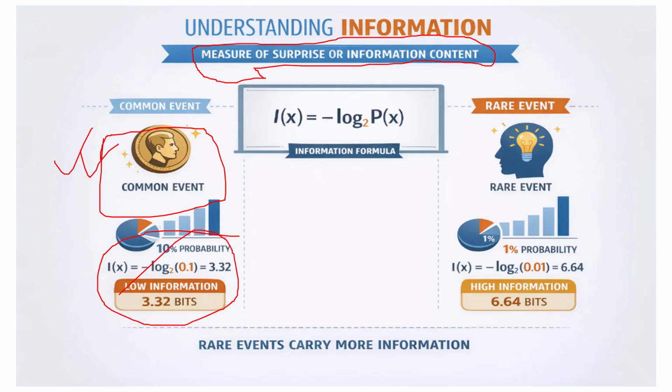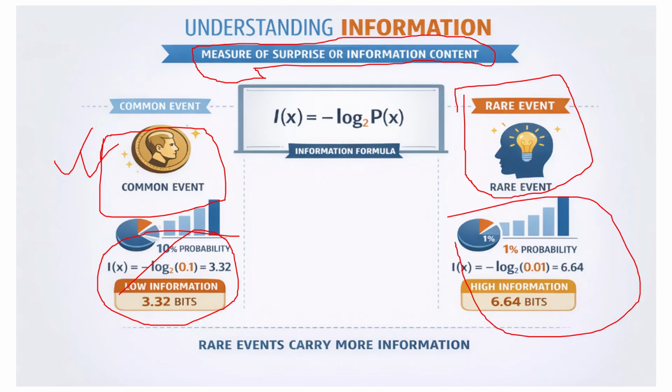And if the event is very rare, meaning it can happen very rarely, then information will be very high. Inversely, if probability is less, then information is very high, and if probability is high, information will be very low.